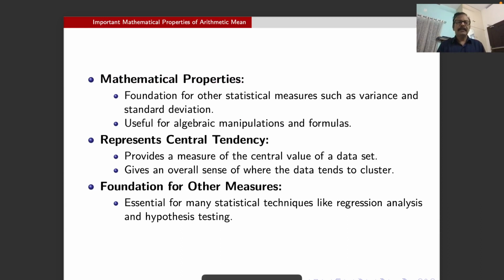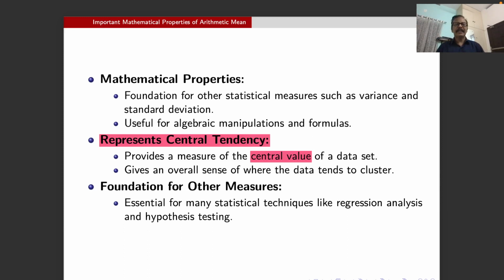Also, it represents a central tendency. In the sense, it provides a measure of the central value of the data. In other words, it gives a sense of where the data tends to cluster.